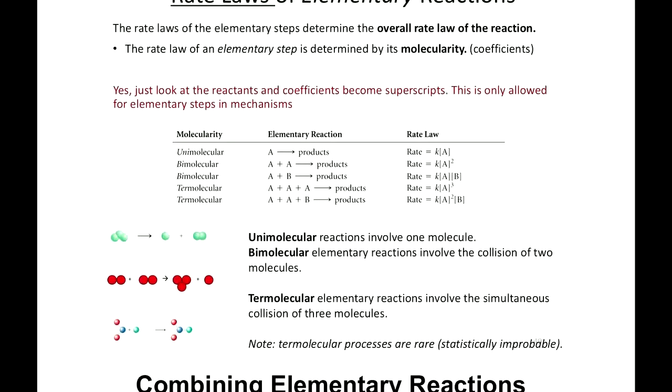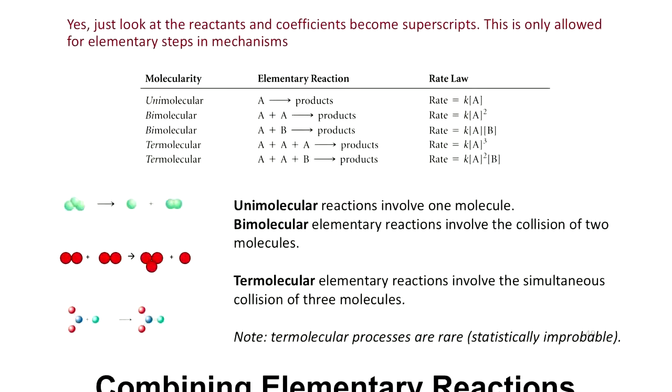The molecularity of these elementary reactions just counts the number of particles interacting in each of these collisions. An elementary step is a single collision. Two A particles combining is bimolecular because two molecules are involved. Three A particles colliding with one another is termolecular, meaning three particles are combining. Statistically, that's not super common.